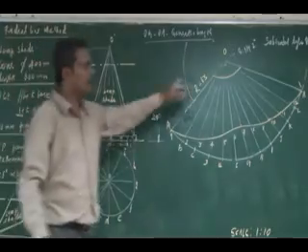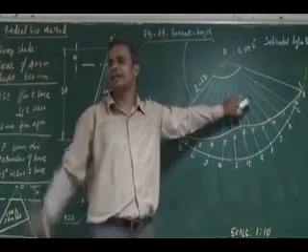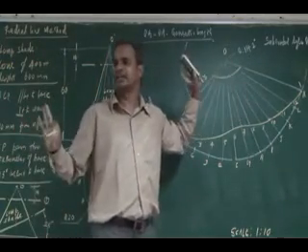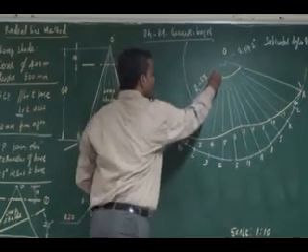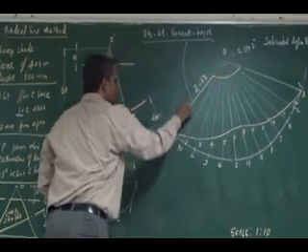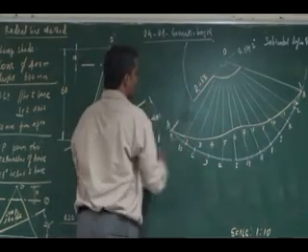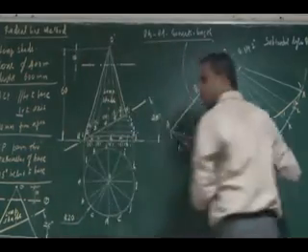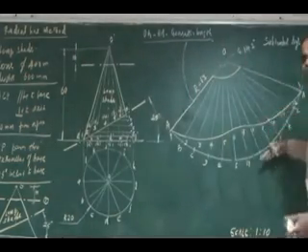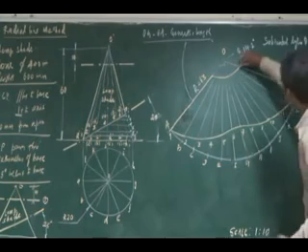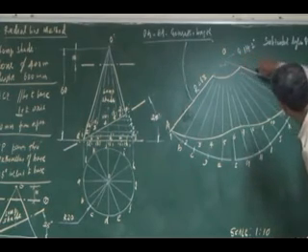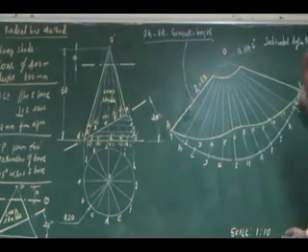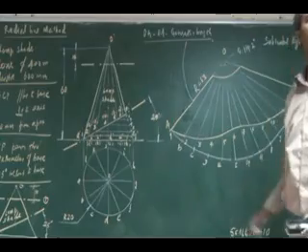That portion alone you have to darken, excluding inner generators. Only the extreme portion you have to darken, skipping the top portion of the first cutting plane and the bottom portion of the second cutting plane.